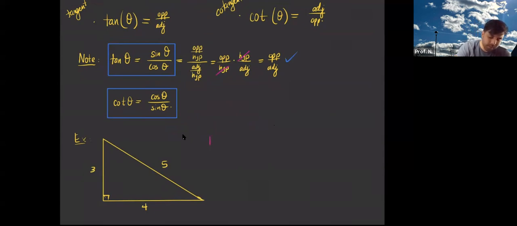How do I know these side lengths make up a right triangle? Does anybody know how you figure out whether the sides of a triangle make up a right triangle? It has to satisfy a very particular criteria.